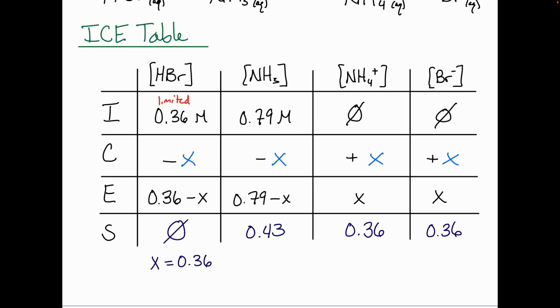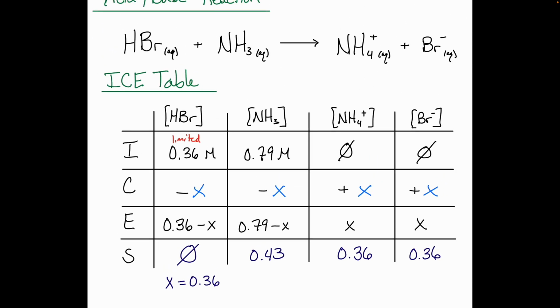All right, so now we have successfully accounted for how much of our acid-base reaction has occurred. I was limited by my HBr, so I don't have any of that. What else do I get to ignore up here that I have in my solution in terms of my pH calculation? Bromide. Why do I get to ignore the bromide? Because it's the conjugate of something strong.